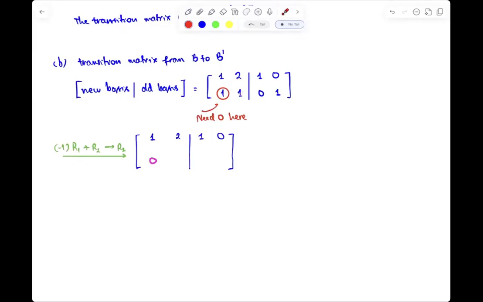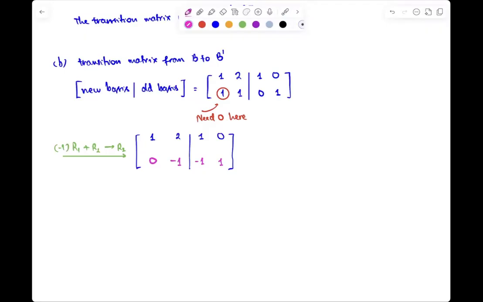Add with 1, you get -1. And then -1 times 1 is -1. Add with 0 is still -1. And -1 times 0 is 0 plus 1 is 1. So now you have the second row of the form 0, -1, -1, and 1.